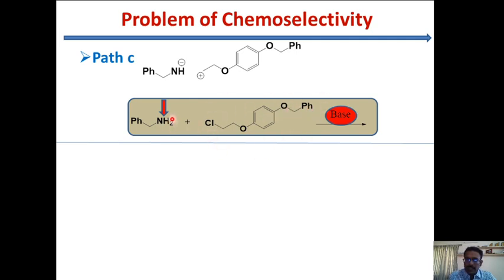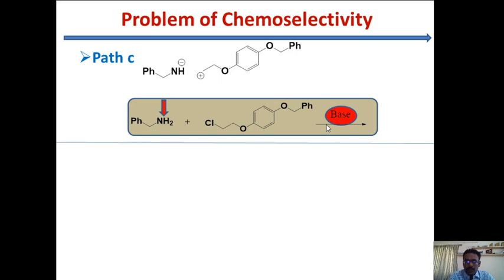You can easily generate the anion over here, and when you treat with this molecule, it will easily undergo the nucleophilic substitution reaction to give the target molecule. So in the case of breaking bond C, there is no issue of chemoselectivity, because here we have only one functional group, the amine. So you can easily generate the anion from the amine.